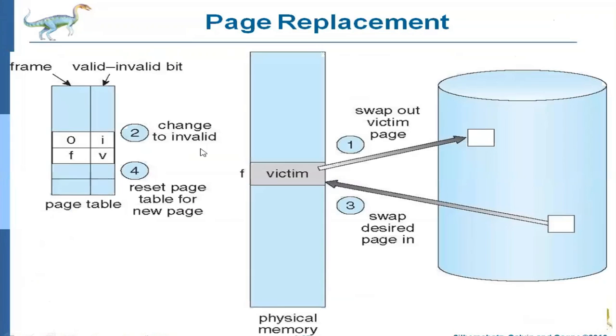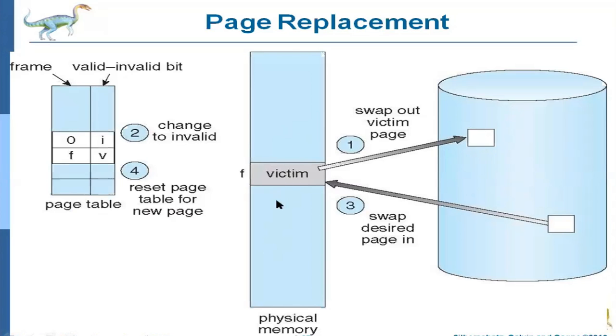What is the purpose of page replacement? Here we have to find the location of the desired page on the disk. So first it will check the pages in the main memory, whether the page is available or not. If it is not available, then it finds the location of the desired page on the disk.